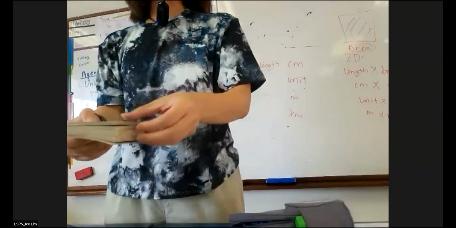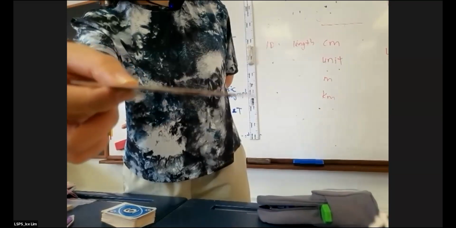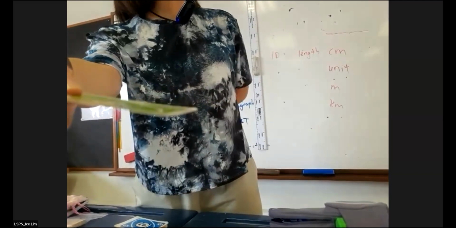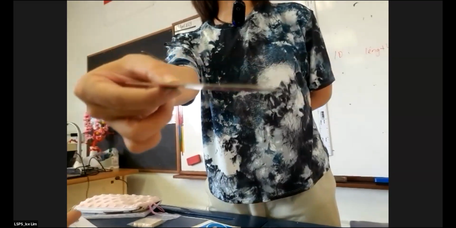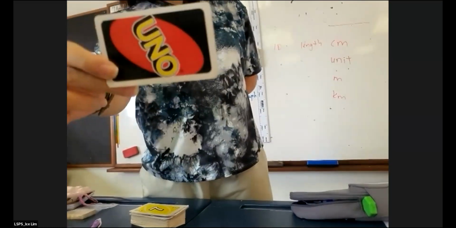Now, if I look at just one part, what do you notice about the one part? It's just one part. Can you see if I call this 2D, where's the 2D? It's like this. So I can say this is 2D, right?